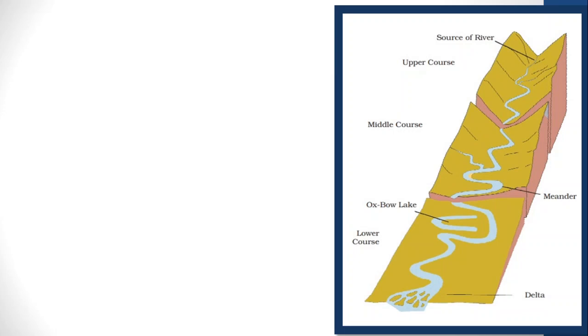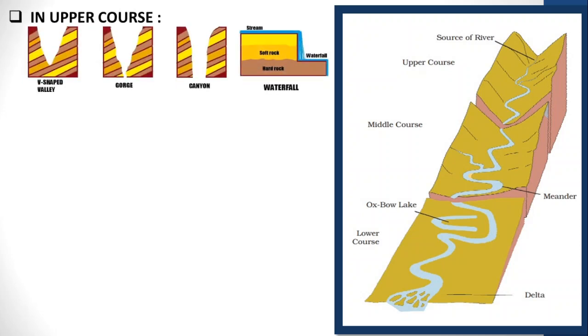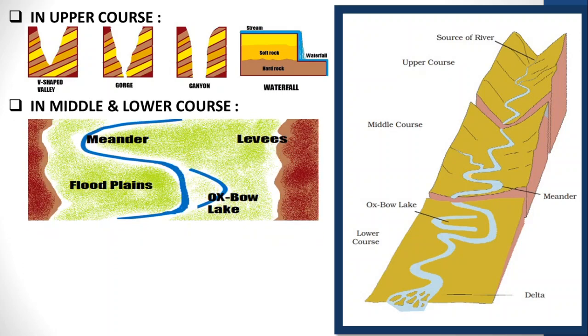Look at the picture. This is the course of the river from source to mouth: upper course, middle course and lower course. Recap: upper course features made by rivers are V-shaped valley, gorges, canyon and waterfall.